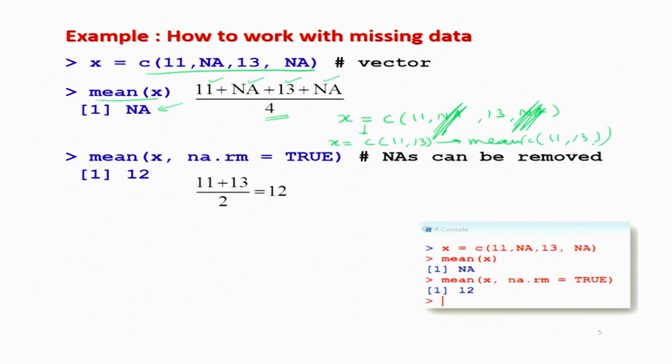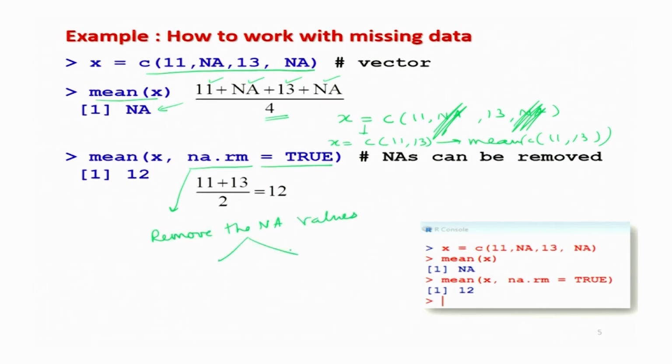So, how to get it done? That is the question. If you want that in any function the missing values are removed and the function is operated over the available values, then you have to use an option which is na.rm equal to TRUE. Here na.rm means remove the NA values.